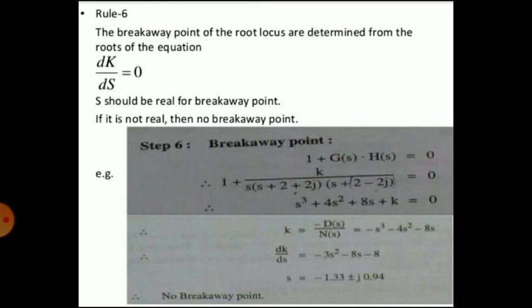The breakaway points of the root locus are determined from the roots of the equation dk by ds equal to 0. So s should be real for a breakaway point. If it is not real, then no breakaway point will be there on the root locus.